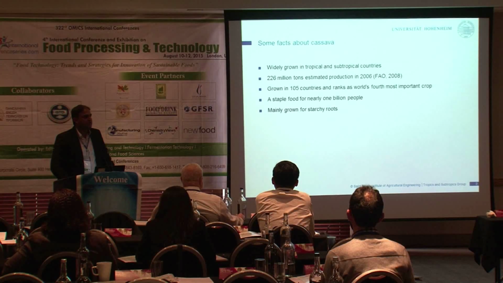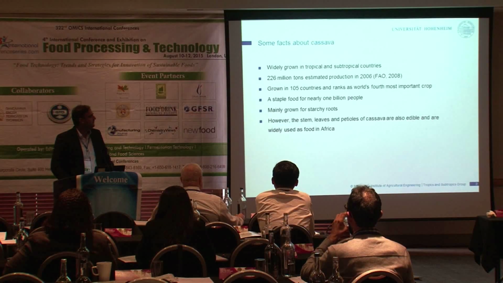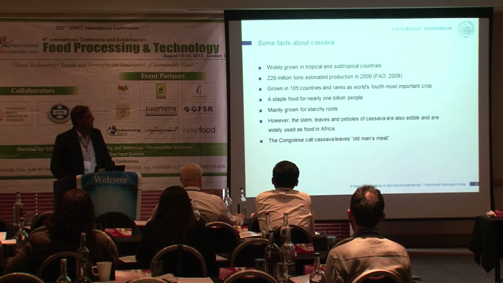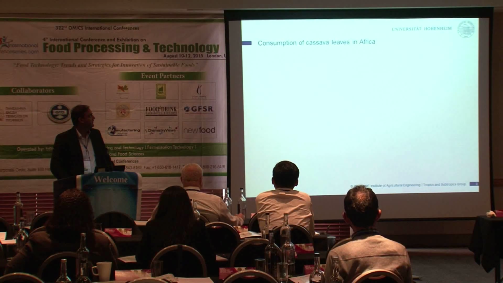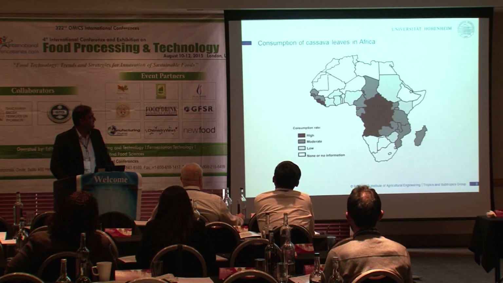It is mainly grown for starchy roots, but stems, leaves, and petioles can also be used as food. The Congolese call leaves an old man's meat, but mostly they are left in the field without further attention. So it's the present status.